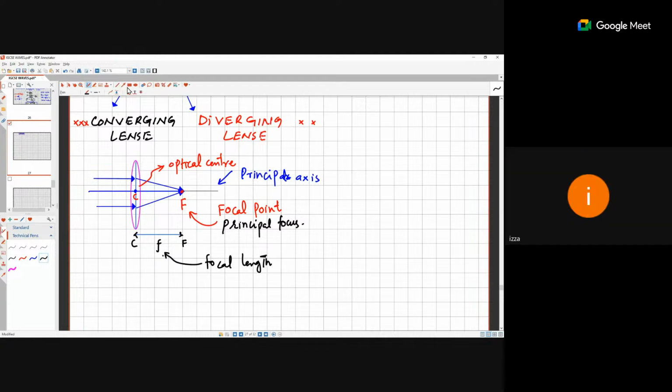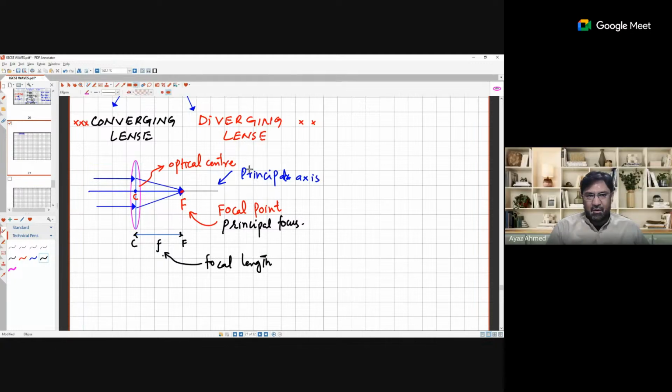Then there is one more option which is asked. Sometimes you have this type of question that there is a lens, and the principal axis is a must in all types of lenses.